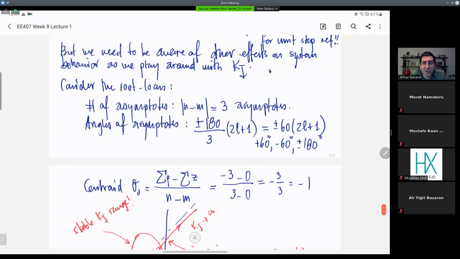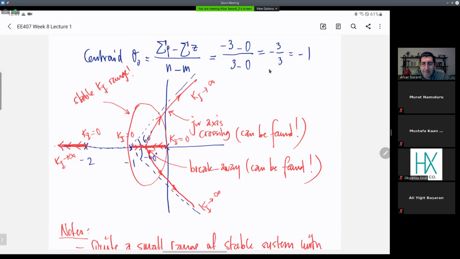Essentially the integral controller adds a pole to the system, and if it's used by itself, it increases the number of asymptotes in the closed loop root locus by 1. When the number of asymptotes is increased, usually that has an adverse effect on stability, because as more asymptotes are added, the 360 degrees is divided into smaller angles, and some of these asymptotes necessarily go into the right half plane.